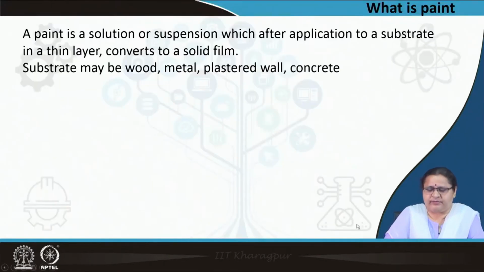So, if we come to the basic question, what is paint? It is a solution or a suspension which, after application to a substrate, that is the material onto which it is applied, in a thin layer converts to a solid film. This substrate may be wood, metal, plastered wall, concrete, or even brick.